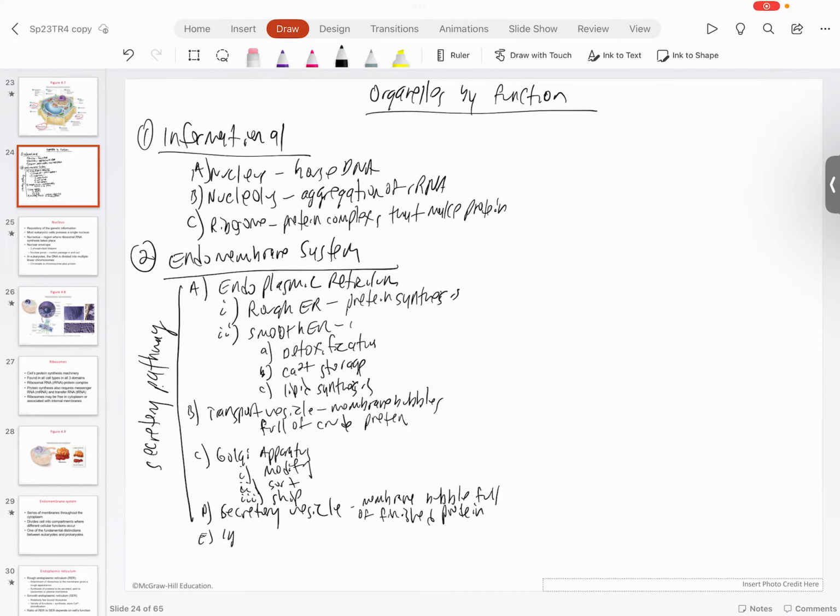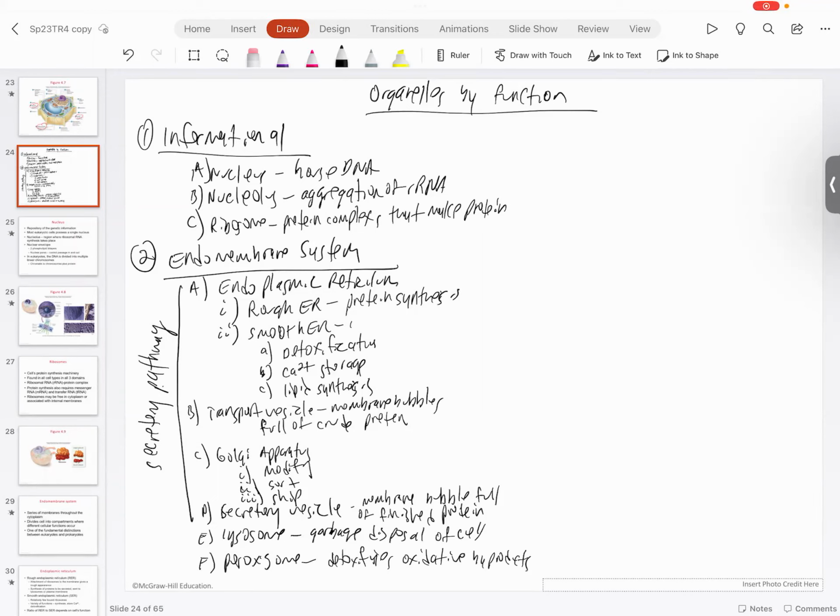Basically the lysosome, which is the garbage disposal of the cell, and the peroxisome, which detoxifies oxidative byproducts.